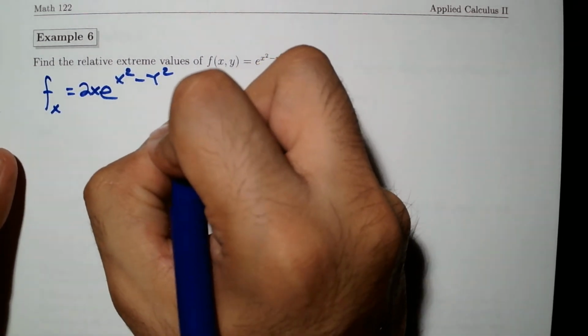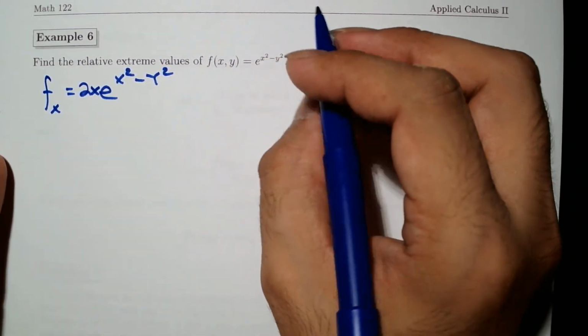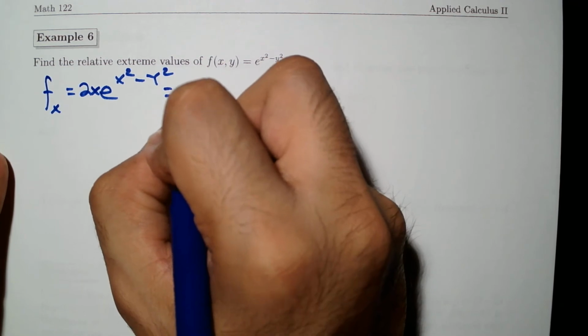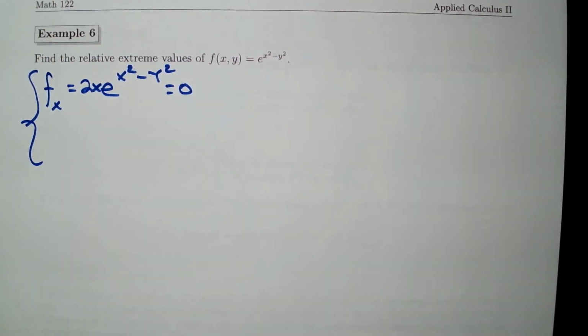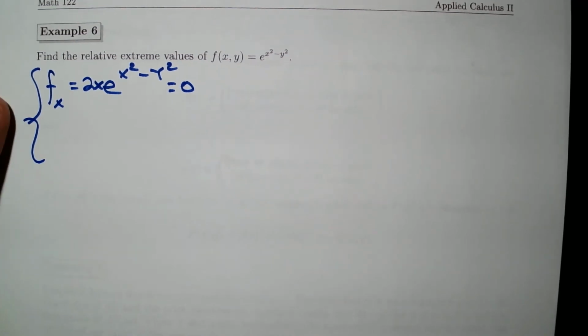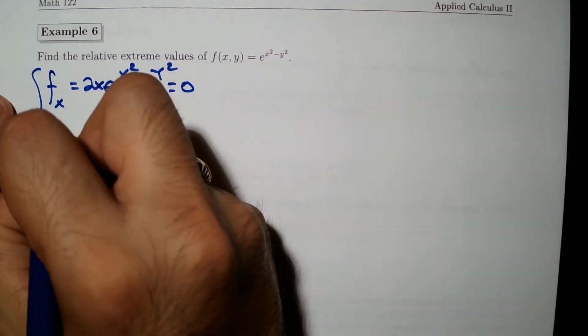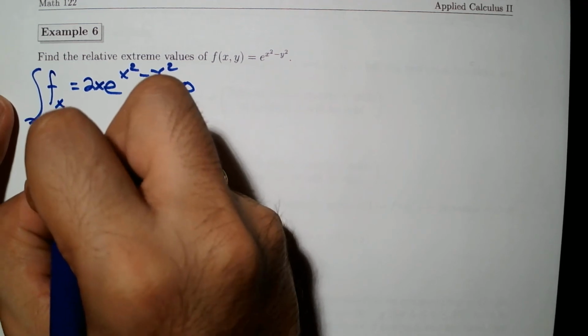Okay, and then I will actually set it equal to 0, so I don't have to write it again. I'm going to use curly braces at this point, so I can save space.